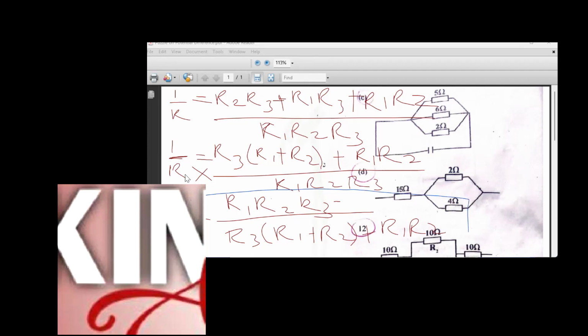Let's do this. You have your R equal to R1, R2, R3 divided by R3, open bracket, R1 plus R2, close bracket, plus R1, R2. And this can be used to solve a problem of this magnitude.